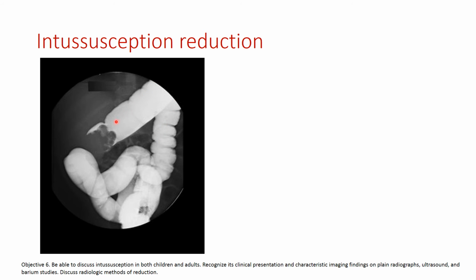Barium's coming all the way through, and here is the intussuscepted segment. What we do is keep squeezing barium into this, and this will push the intussuscepted segment back to the cecum, and hopefully, if all goes well, we'll pop that intussusception back out. And when that happens, it's pretty cool because all the barium just rushes into the cecum.